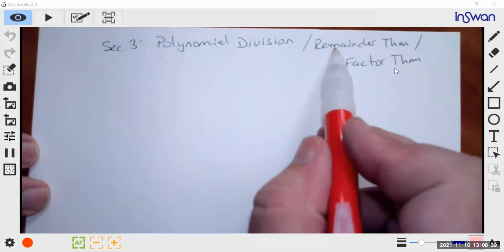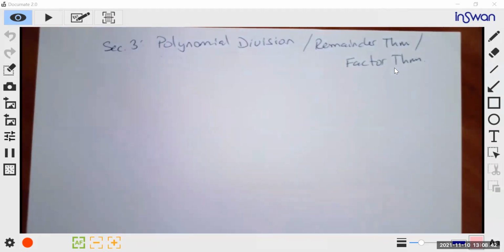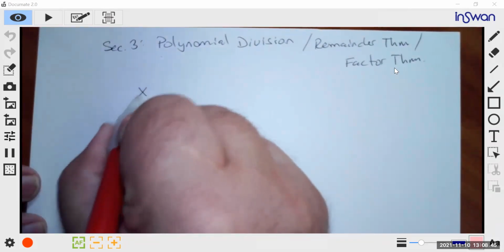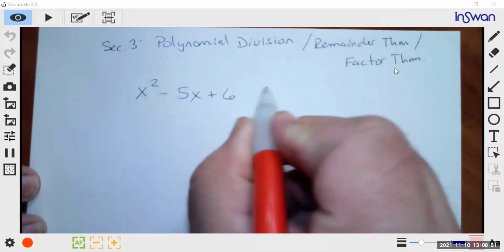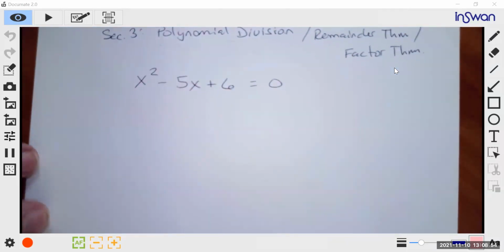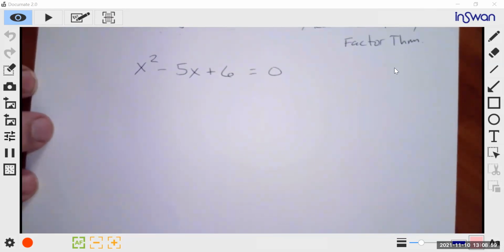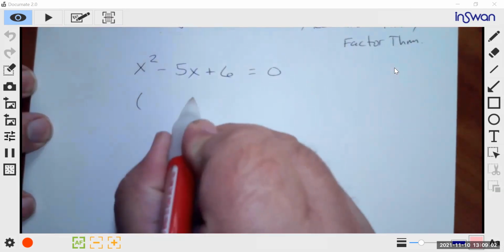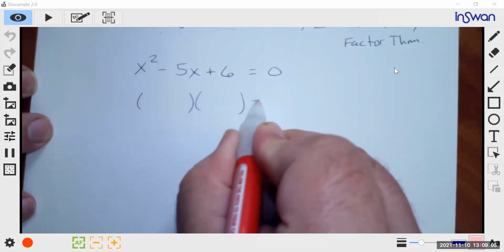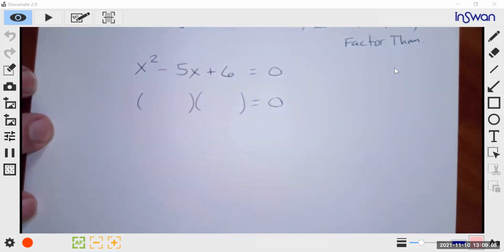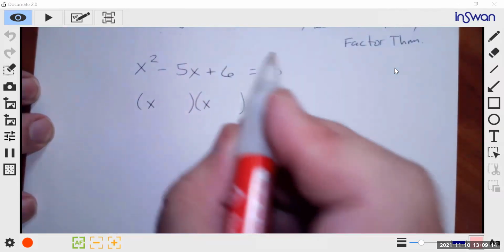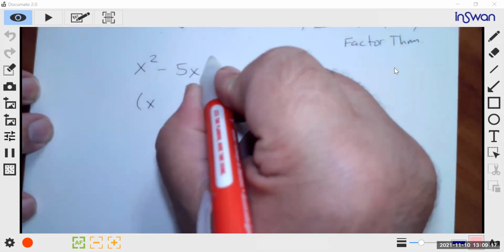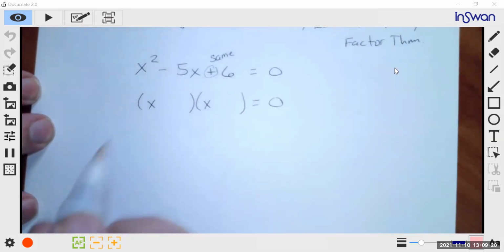The polynomial division and the remainder theorem, they'll both be pretty much introduced at the same time. So let's look at an example. So factor that one out. We know it's x and x. Because it's a plus, the signs are the same.